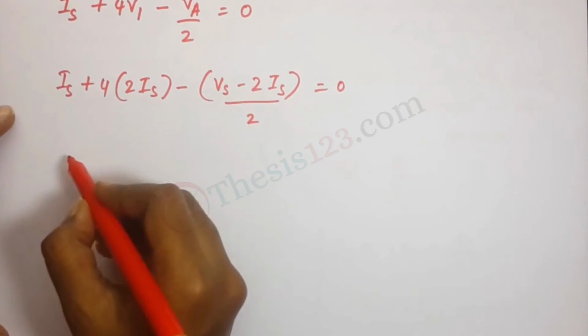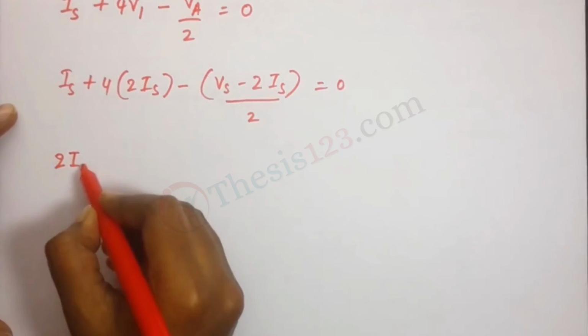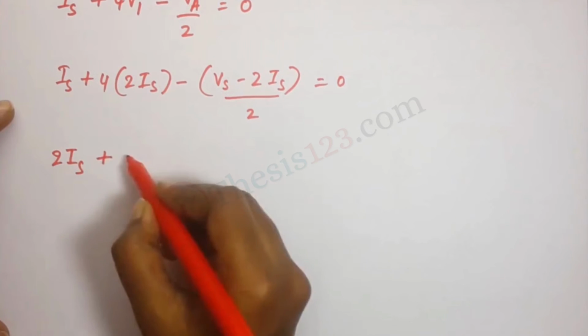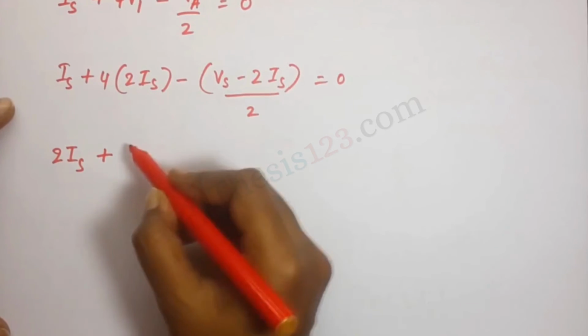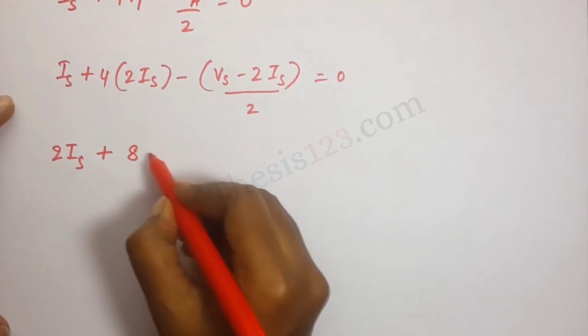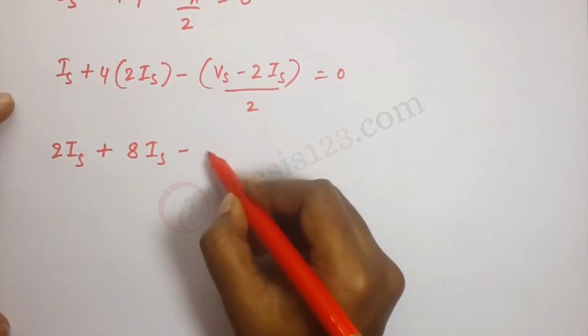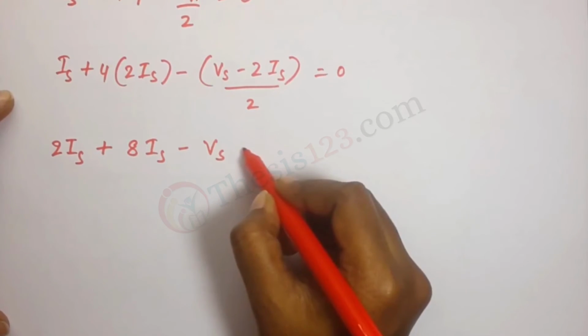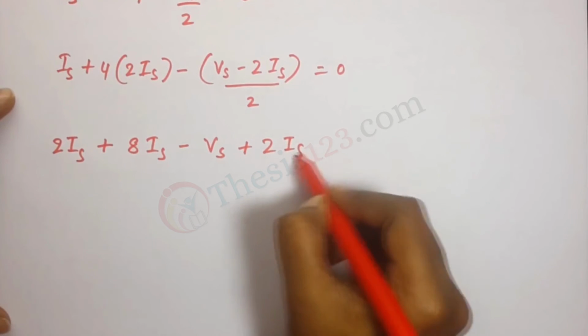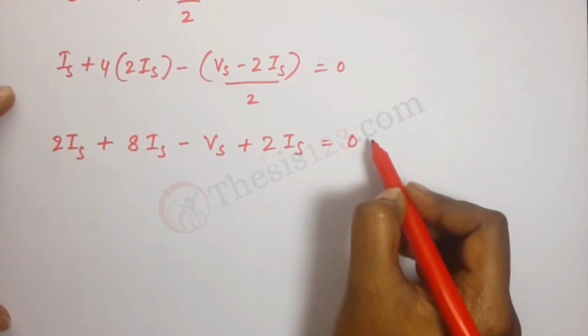Let's simplify this even further. We get 2Is plus 8Is minus Vs plus 2Is is equal to 0.